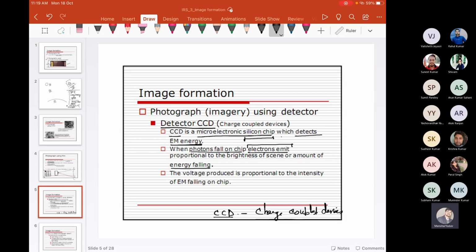Obviously when electrons are generated, there is a closed circuit. So voltage is produced, and that is proportional to the intensity of electromagnetic energy falling on the chip.